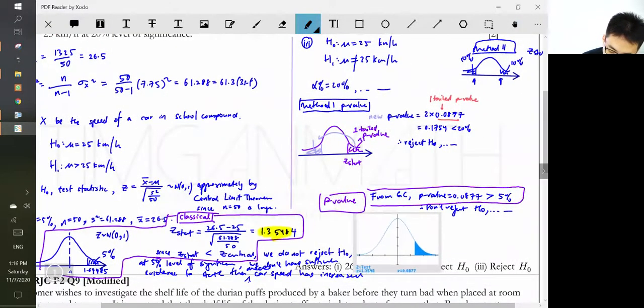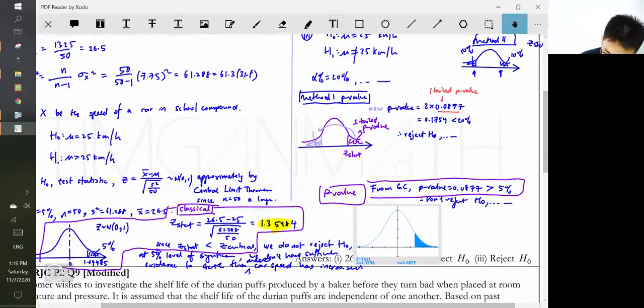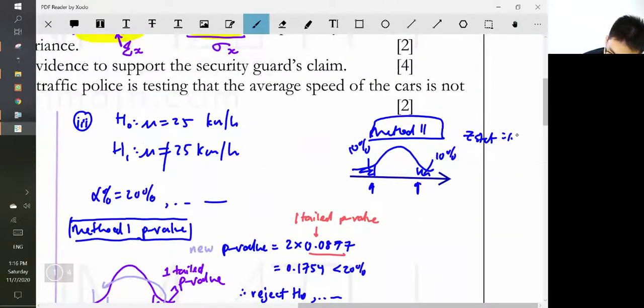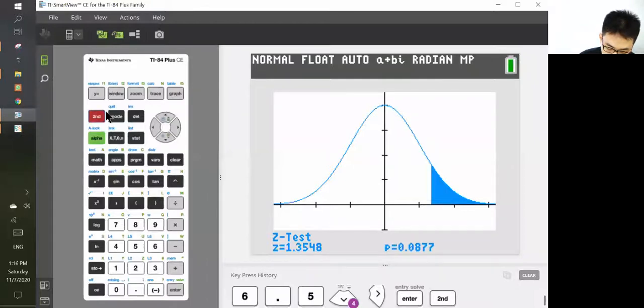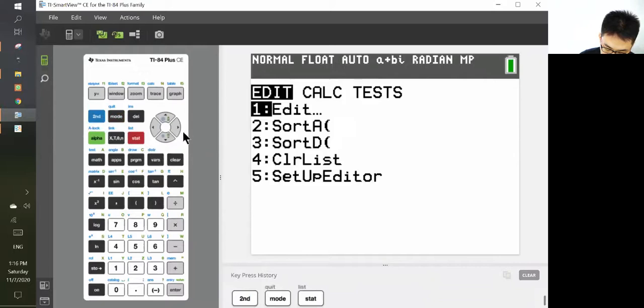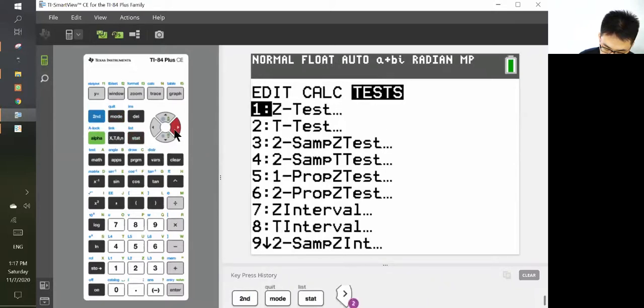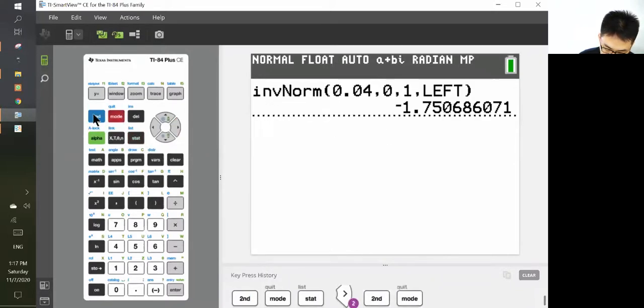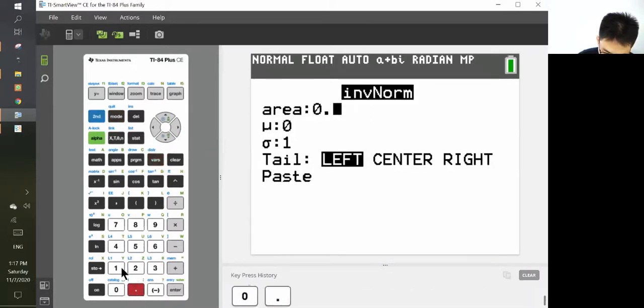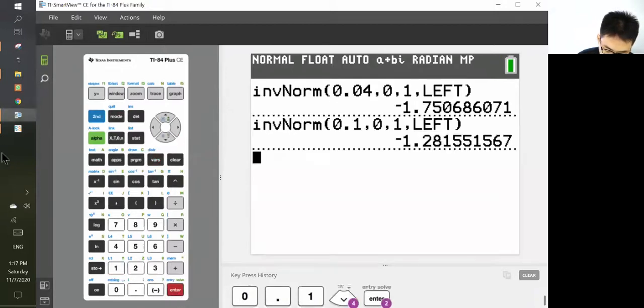We already found 1.354, which is also given as 1.3548. Then you just use the calculator to find this boundary, inverse norm, 1.281.